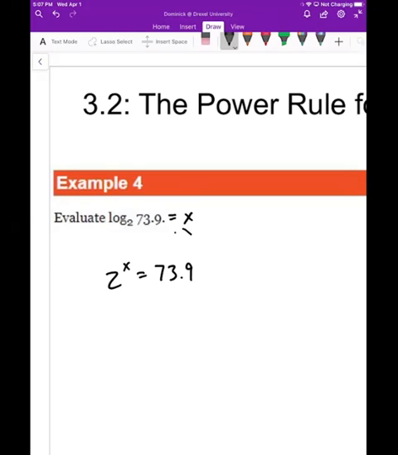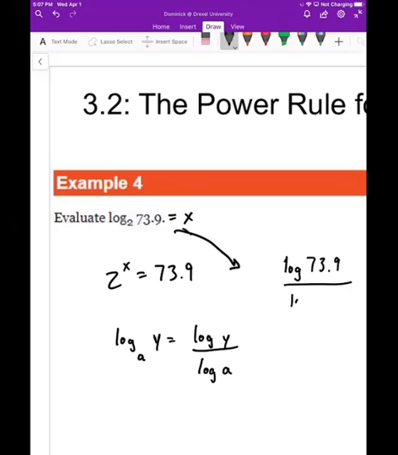So you need to use the change of base, which says that if you have a log with any base, you can make that into a common log of y over a common log of a. In this case, I want to find the common log of 73.9 and divide that by log of 2.